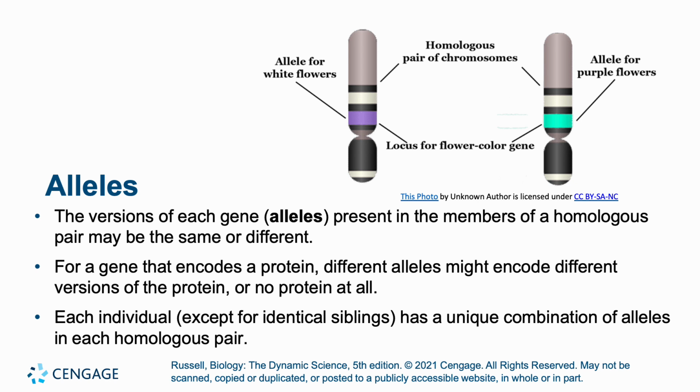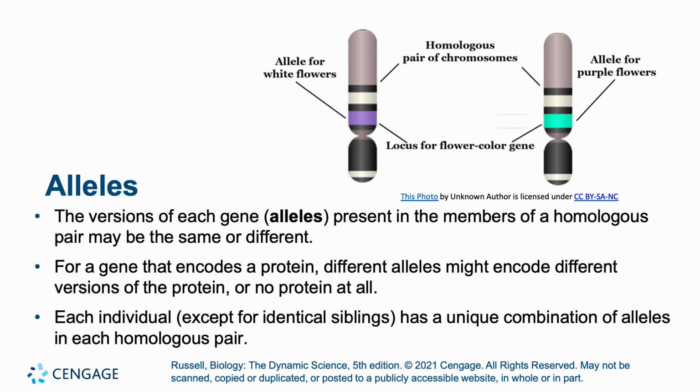So, let's say, if yung allele natin for purple flowers is the dominant allele, and then yung allele for white flowers is the recessive allele, then pinag-combine natin sila. What do you think will be the resulting color of the flower or the progeny? Progeny is yung anak. It will be purple, right?